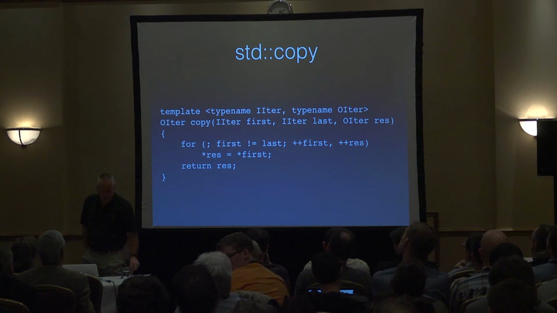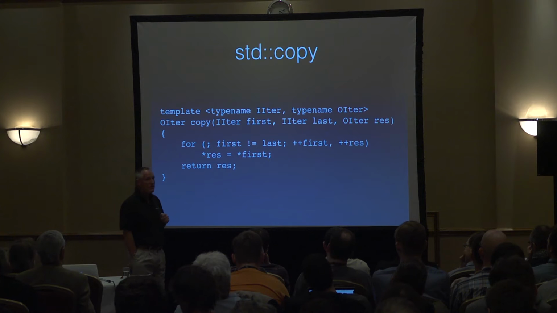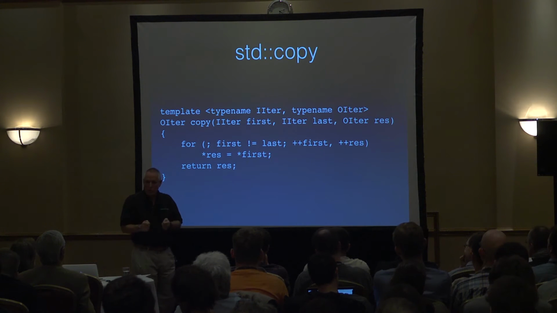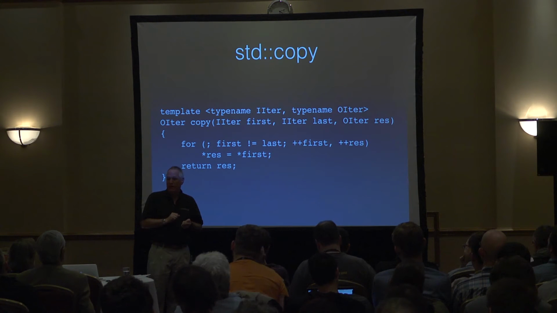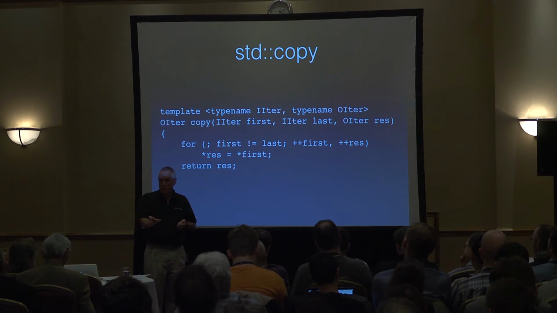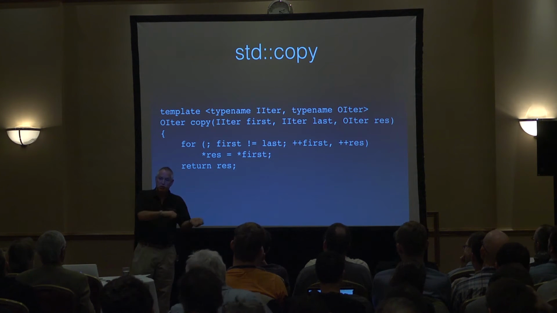The standard library has insert iterators, which insert things into a container every time you write to them. So for example, there's back insert iterator, where you give it a container when you create the output iterator, and every time somebody writes to that iterator, it does an insertion onto the back of the container.